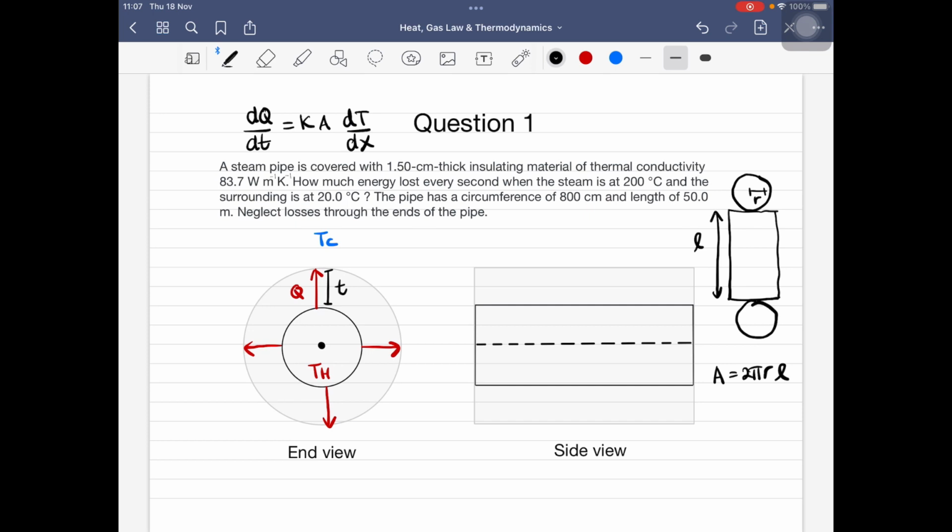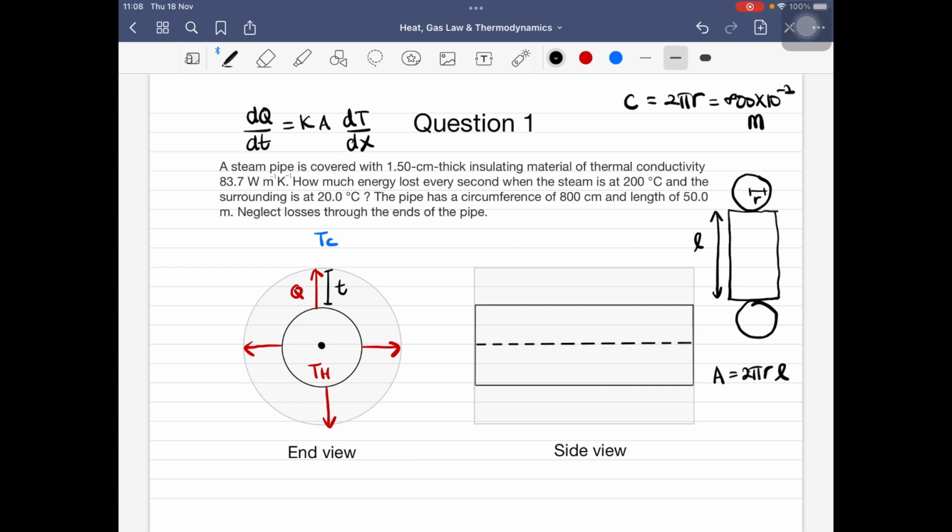But the thing is, we don't know the radius. However, the question gives us the circumference of the pipe, which is equal to 800 centimeter. Circumference is equal to 2 pi r, which is 800 centimeter, which means 800 times 10 to the power of negative 2 meter.